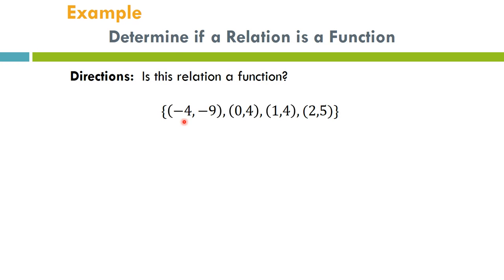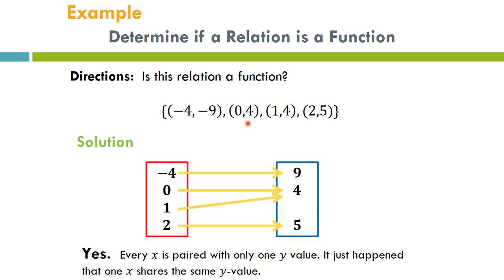All right, let's take a look at another example. This time we have (-4, -9), (0, 4), (1, 4), (2, 5). So what do you think? Is this a function? If you said yes, you're correct. This is a function. Now I know what I said, the x's can't cheat, but in this case, all of the x's are faithful. -4 is with -9, 0 is with 4, 1 is with 4, 2 is with 5.